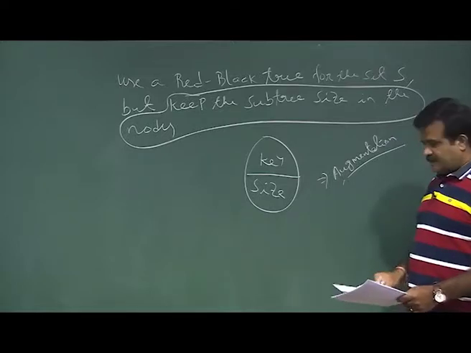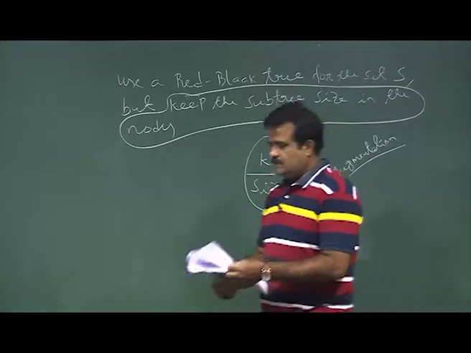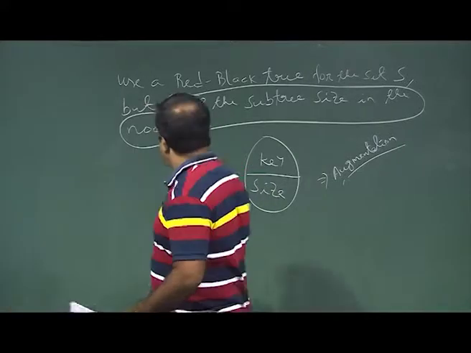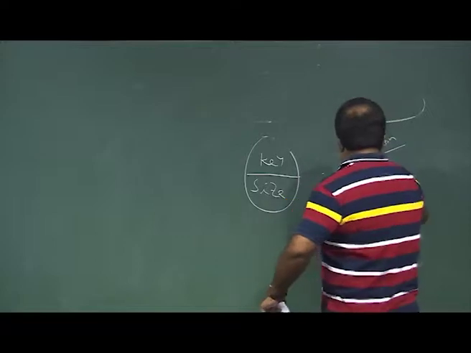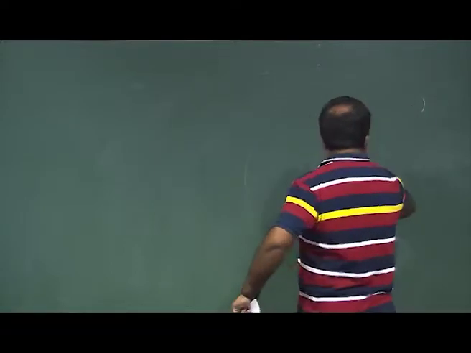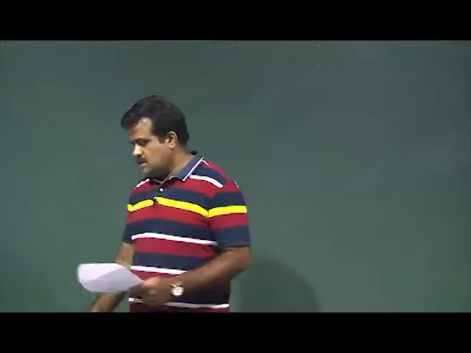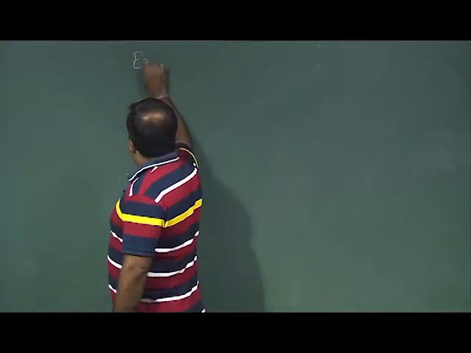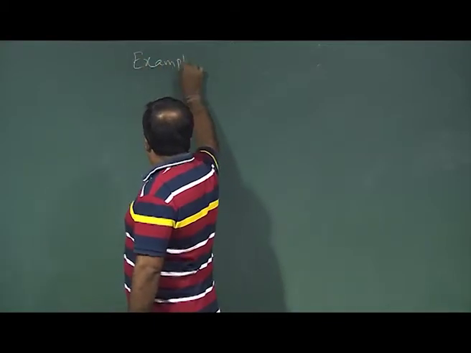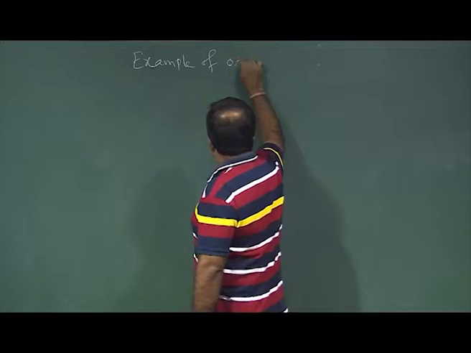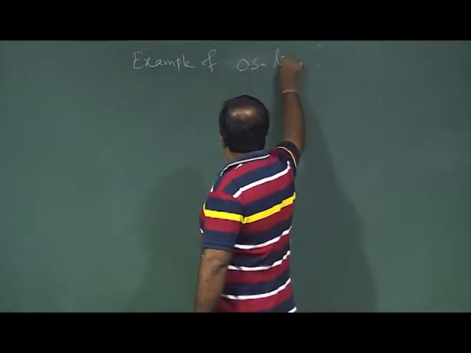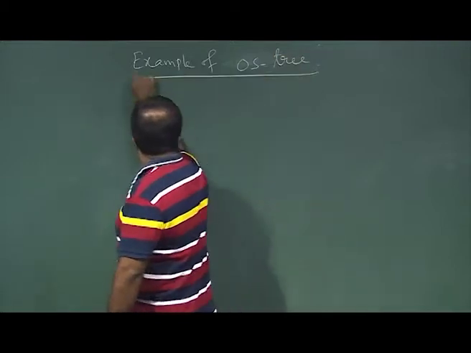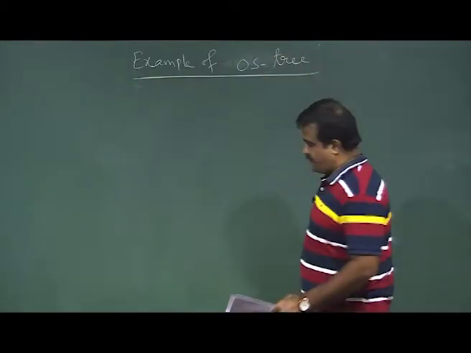Okay, so let us take an example. This is called an order statistics tree, we can say. This is an example of it. This is basically a red black tree.